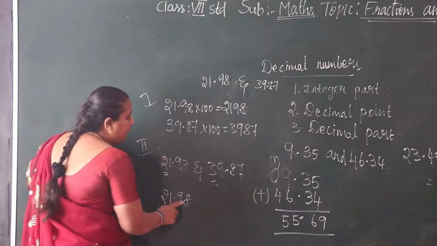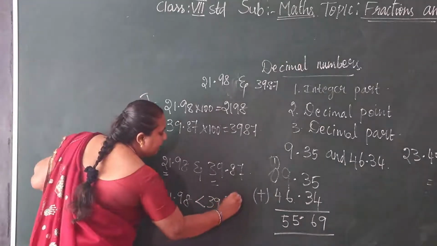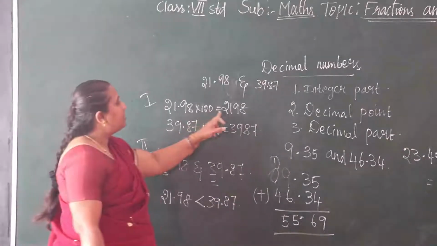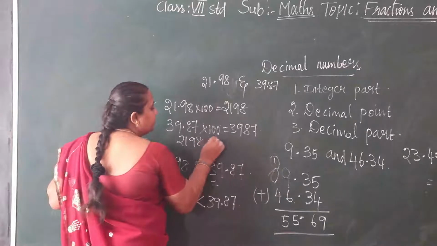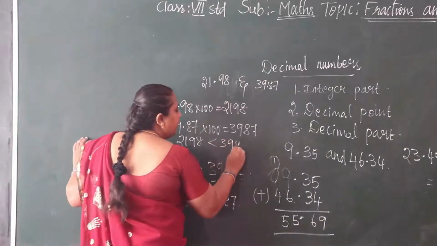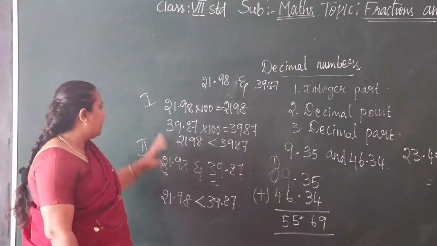So 21.98 is less than 39.87, and also 2198 is less than 3987.